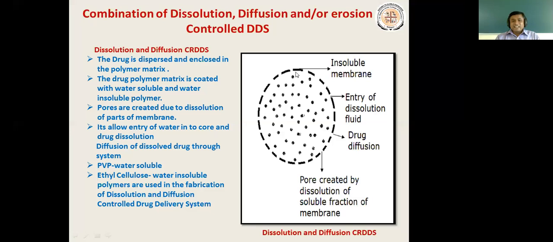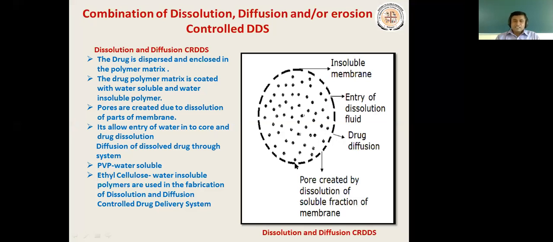It forms small pores, and through these pores water may enter the device, the drug gets dissolved, and the dissolved drug is released in a slow manner for a prolonged period of time by the mechanism of diffusion.